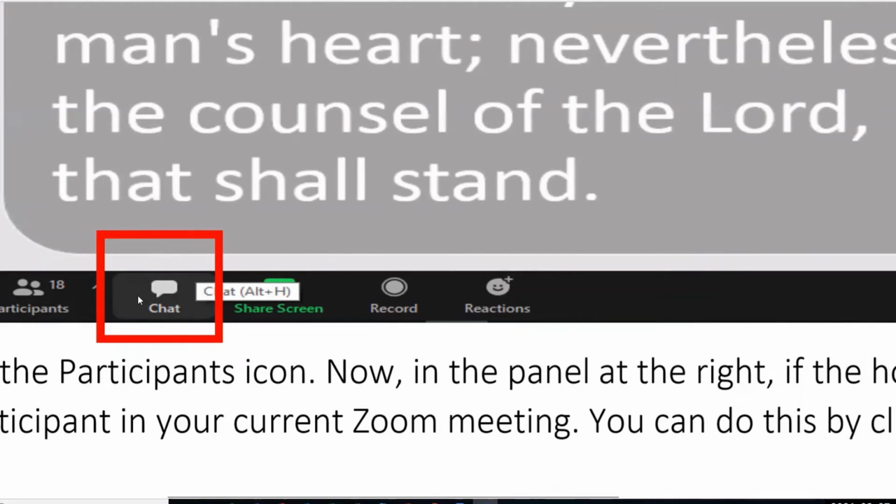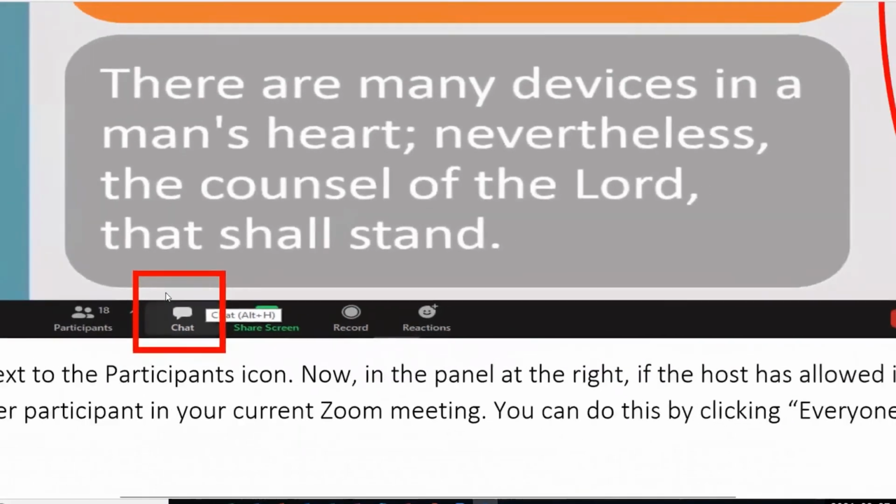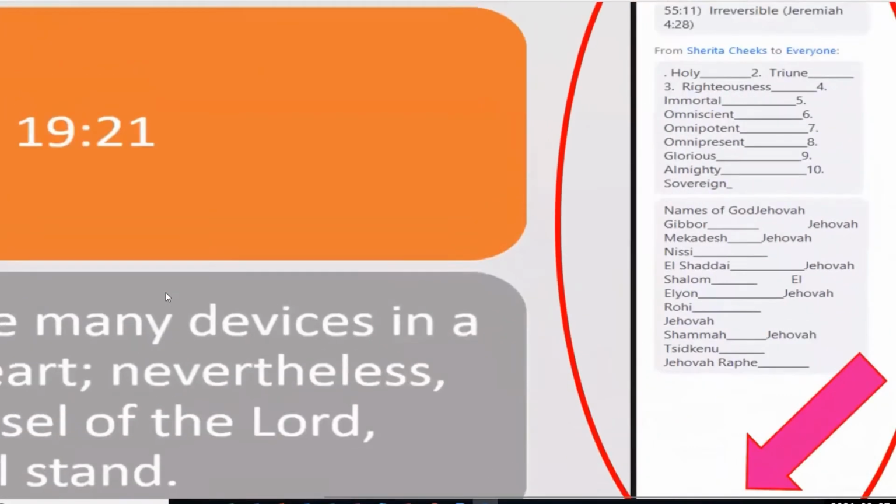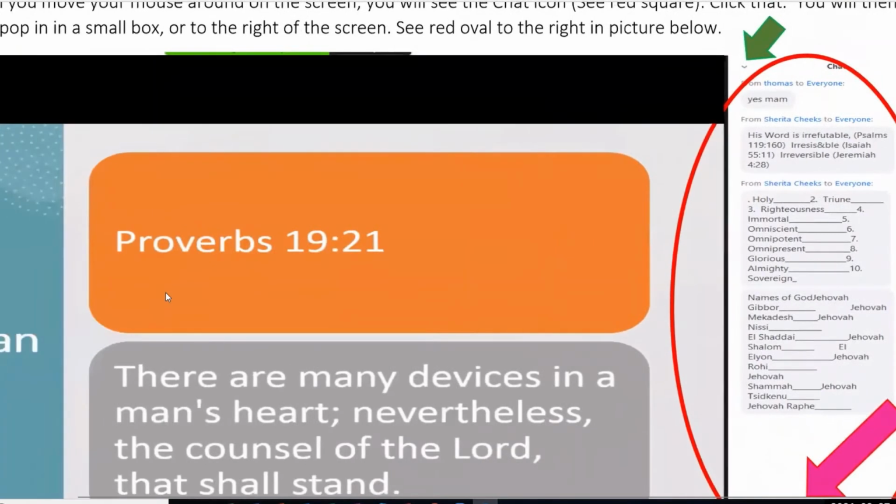So if you're in a Zoom and you see the number 5 right next to the chat icon, you wonder who's chatting. Click the chat and you can see on the right-hand side over here what people are saying. As you notice right here, Thomas sent a message to everyone. Then Sharita Cheeks sent something to everyone.